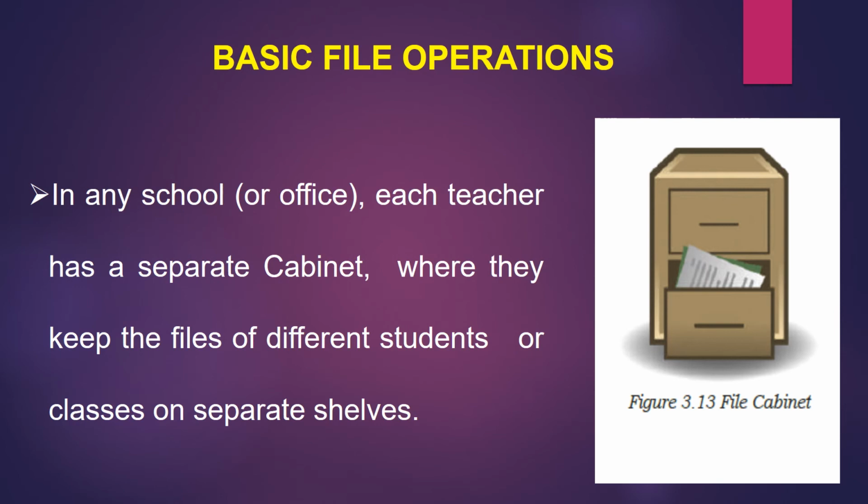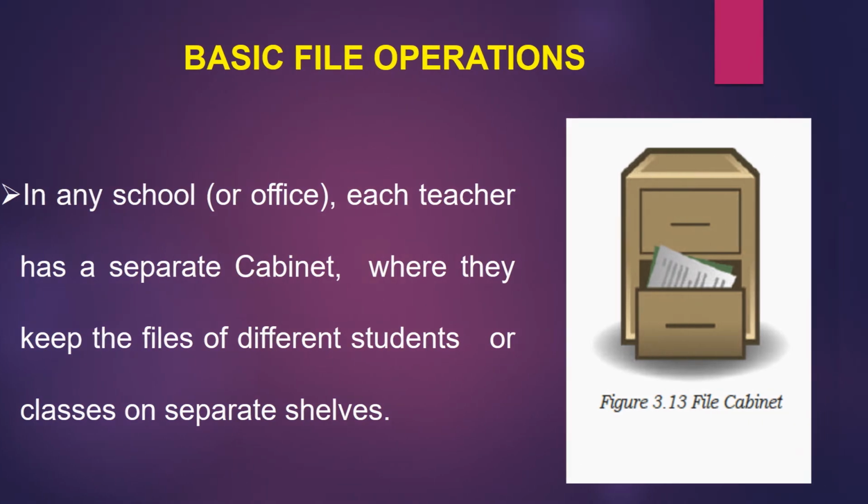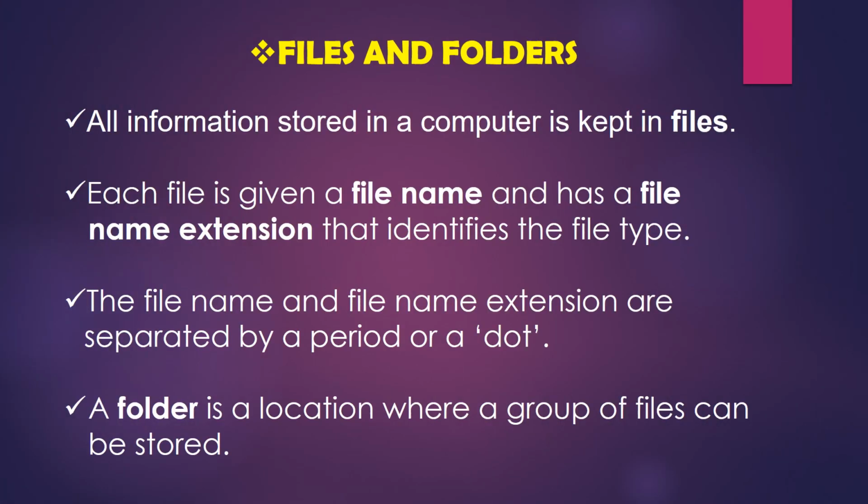In the same manner, in a computer system also, you have to create a separate file and folder for storing information. Files and folders. All information stored in a computer is kept in files.